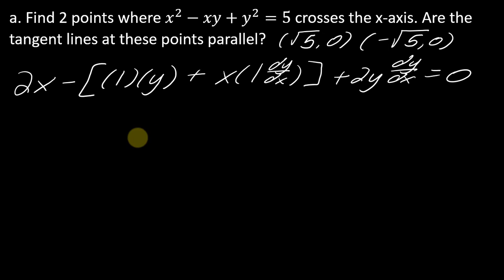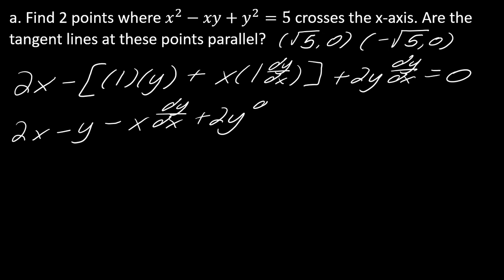Okay, so now I can distribute this minus sign into this set of square brackets. So I get 2x minus y minus x dy dx plus 2y dy dx equals 0. Now I need to solve for dy dx. I will leave these 2 pieces on this side, and I'm going to bring these 2 pieces over to the other side, and I'm also going to factor out dy dx.